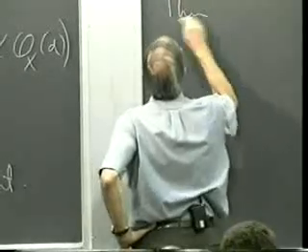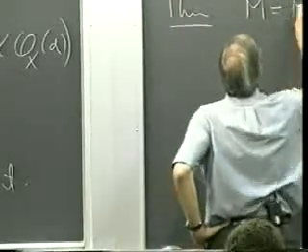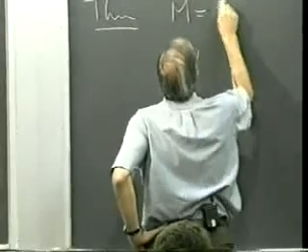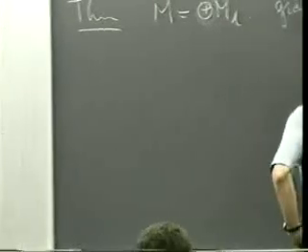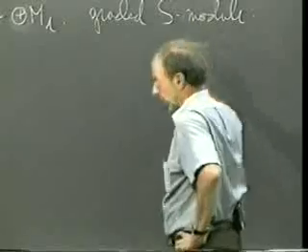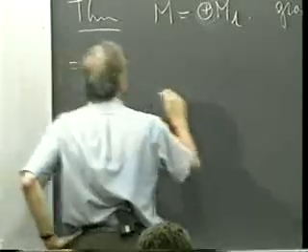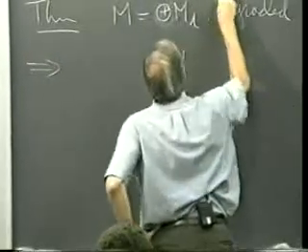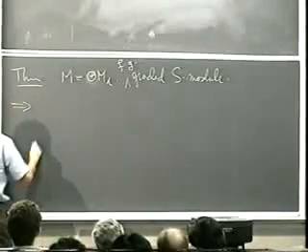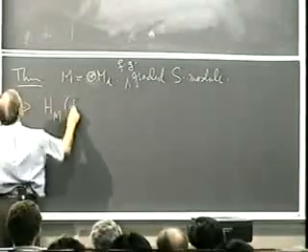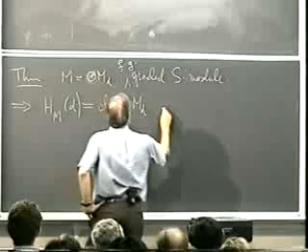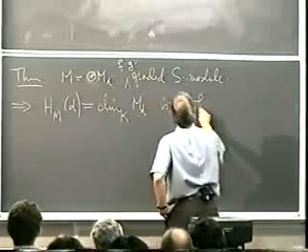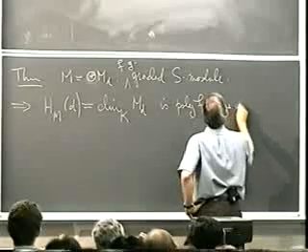So theorem: let M be a graded module, a direct sum of M sub d. I'll stick with this notation forever. Then if M is finitely generated, the Hilbert function h sub M of d, which is by definition the dimension over the field of M sub d, is polynomial for large d.